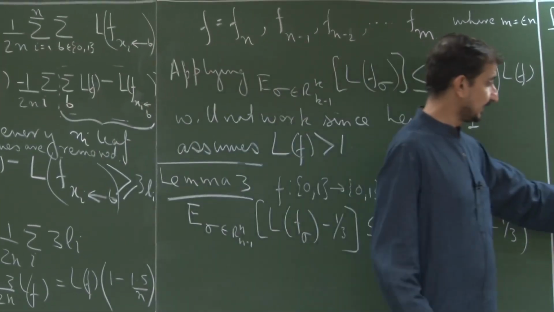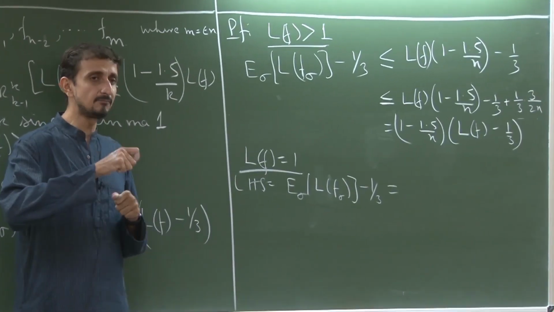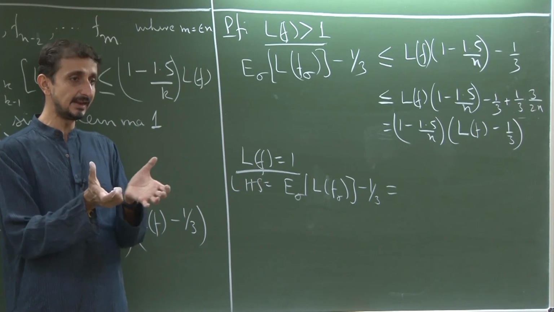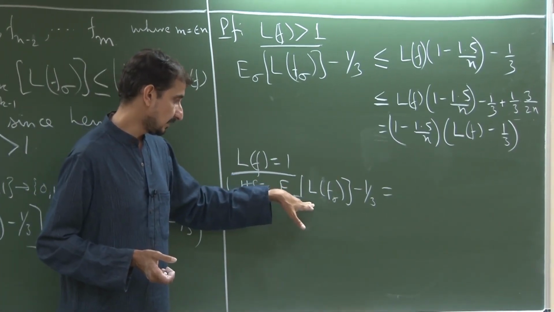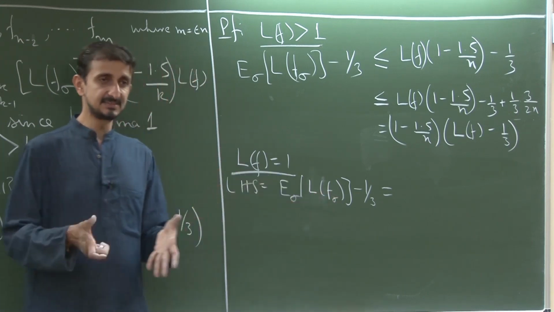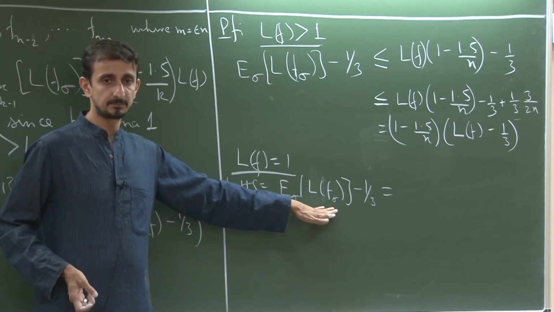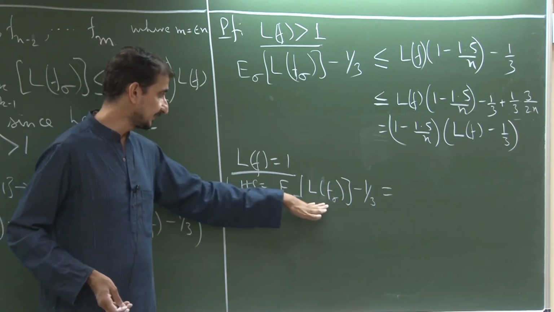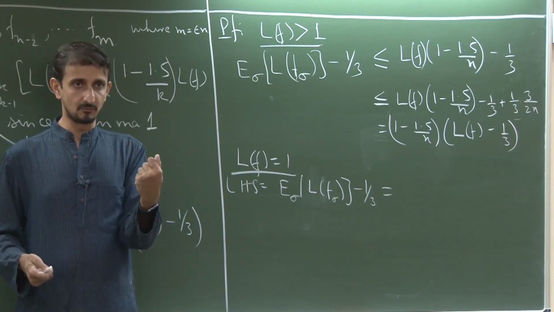So, what does this mean? It means that if I assign some value to that variable, only then the size of the formula decreases. If I assign value to some other variable, the size of the formula remains the same. Okay. And I am looking at the expectation. So, the probability that I pick that particular variable is 1 over n.